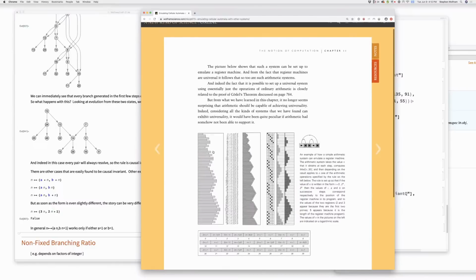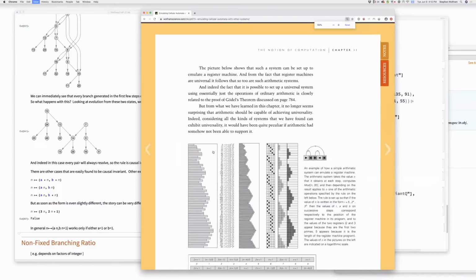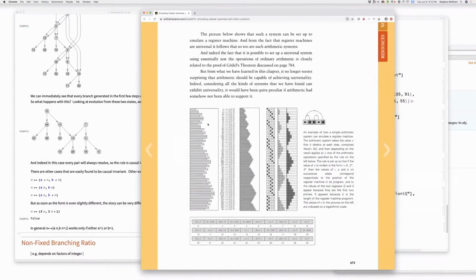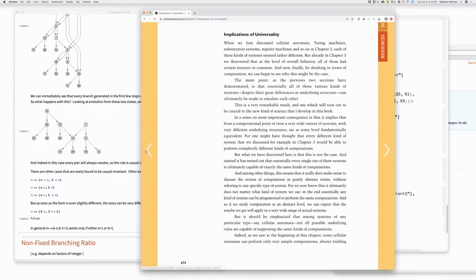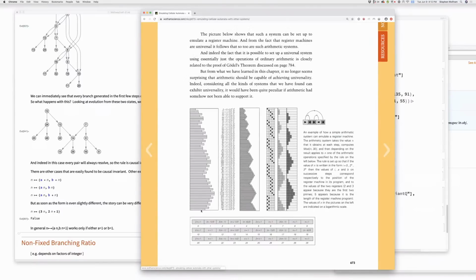Yeah, there it is. This is the proof, basically, that you can emulate an arbitrary cellular automaton with a generalized 3n plus 1 problem. Oh, this is emulating a register machine. Sorry, that's showing that you can emulate that with a generalized 3n plus 1 problem. You can emulate all kinds of things.